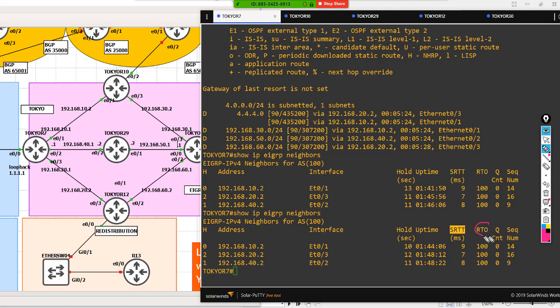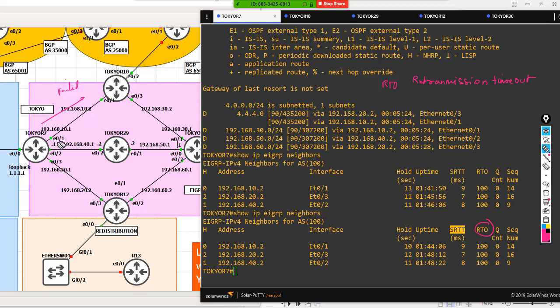Now what is RTO in that case? RTO is nothing but retransmission timeout. In the case of multicast, let's say the hello packet multicast failed for some reason.